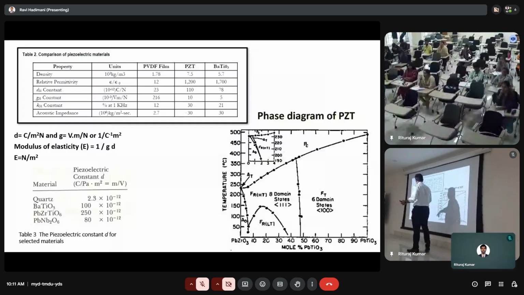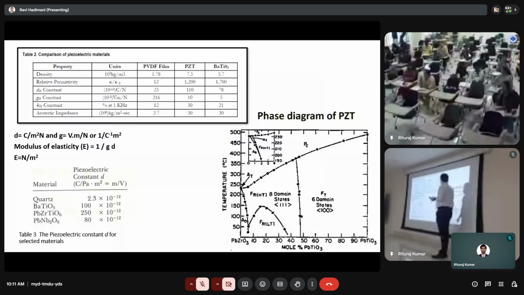If you have a larger area, you get larger charge. So PZT has a higher D31 constant, which means it produces higher charge. You can see PZT has much higher of everything, although relative permittivity is slightly smaller than barium titanate, the D33 constant is much higher.